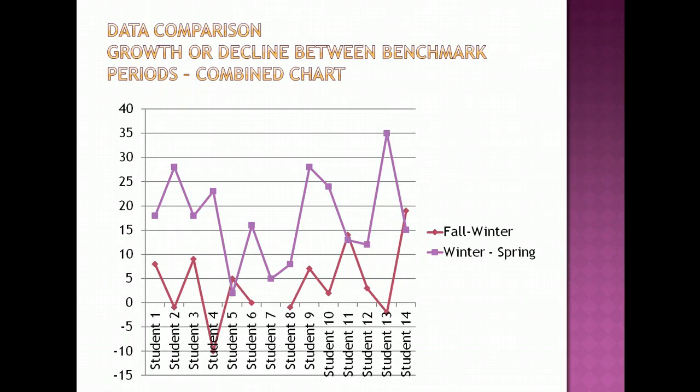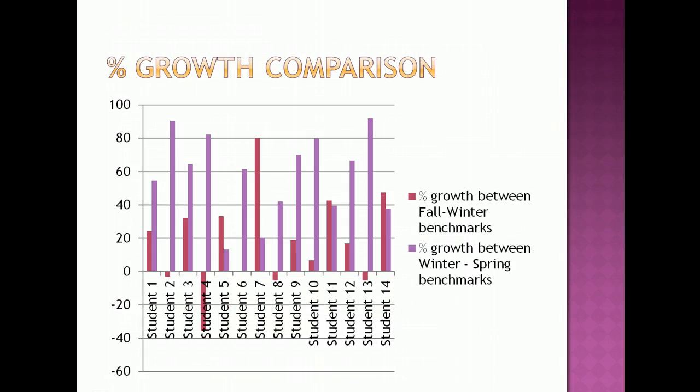Here is a joint table. I chose to spread it out earlier so that it wasn't quite so cluttered, but here you can see the different growth that the students made. So student 1 had approximately a 7-point growth in between the fall and the winter, and then had approximately a 17-point growth on top of that between the winter and spring benchmarks. Here is my percent growth comparison chart.